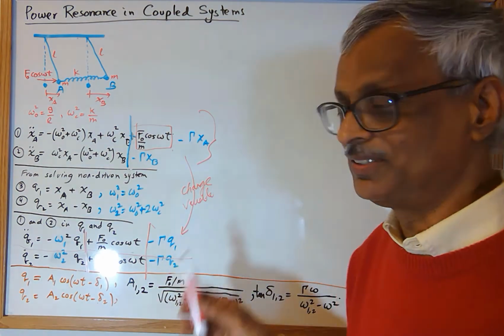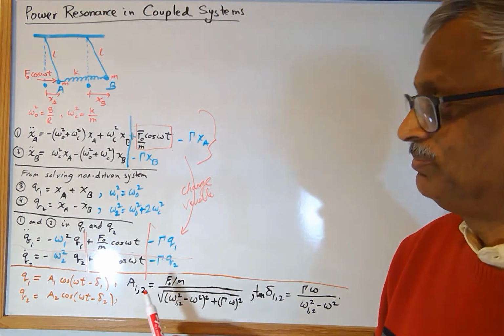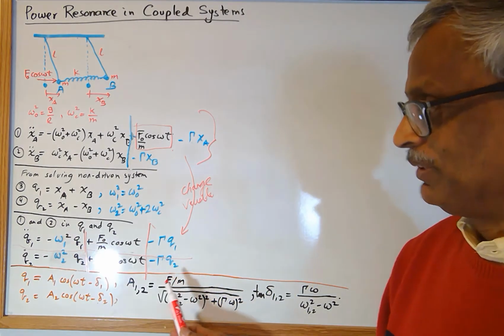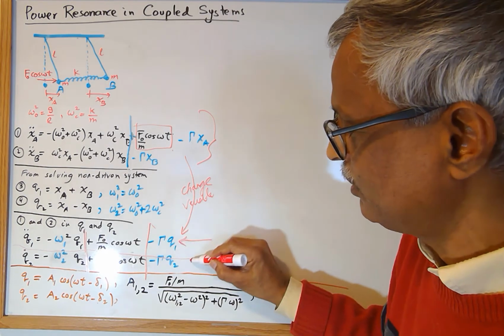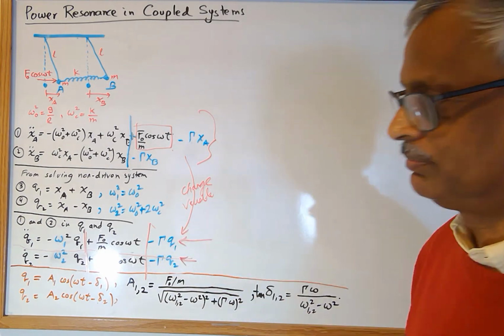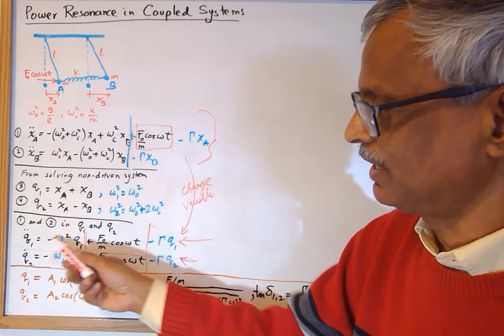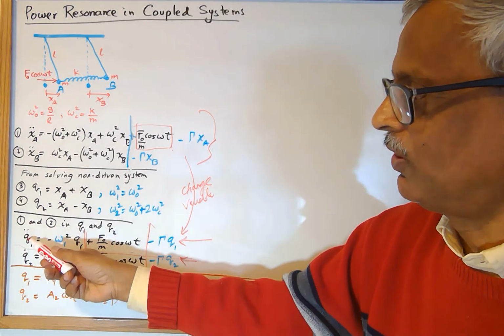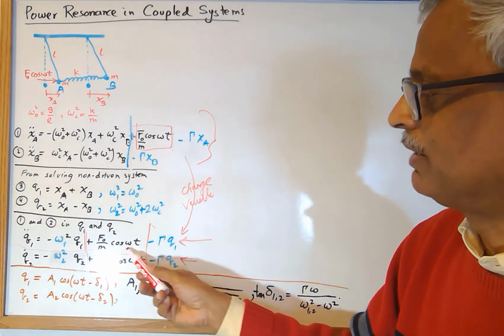That's awesome actually. Normal coordinates are awesome things. Once I change variables to normal coordinates, I have a problem which I already know. I have already solved problems like these. This is like an oscillator, which I'm going to call Q1, being driven by this.